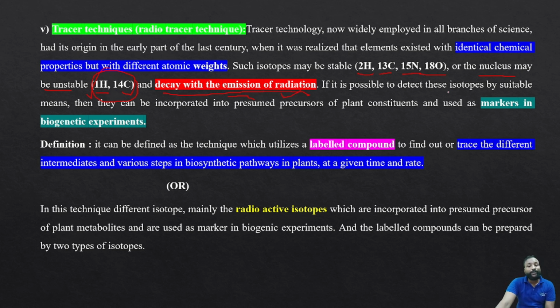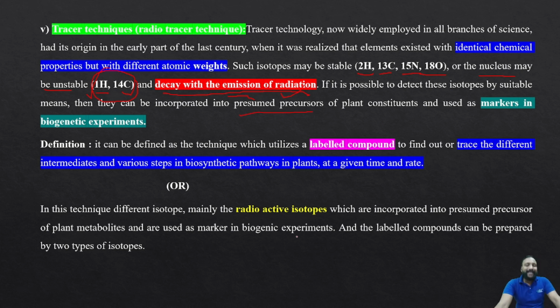If it is possible to detect these isotopes by suitable means, then they can be incorporated. By utilizing these isotopes, we simply incorporate these radioactive isotopes in the presumed precursors.